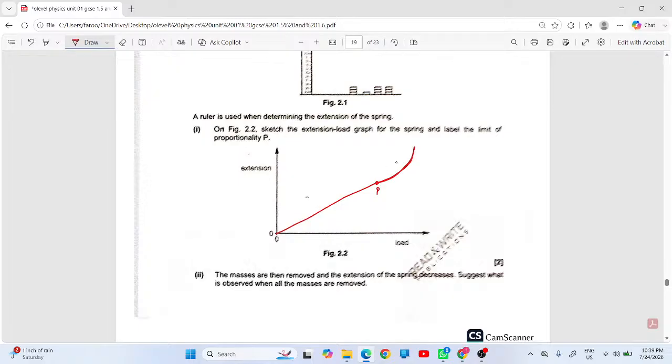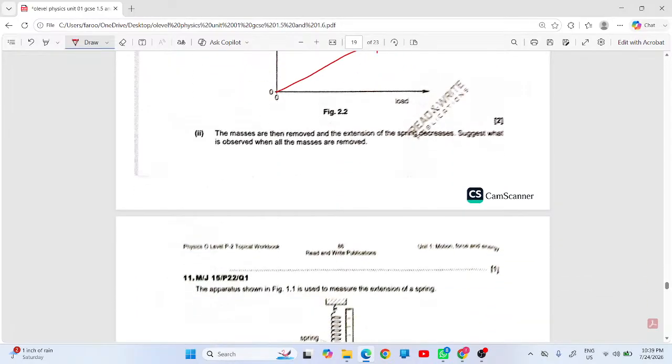The masses are then removed. क्या होता है जब आप सारे मैस हटा देते हैं?